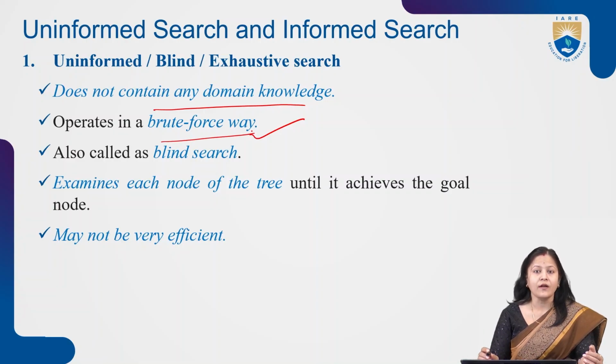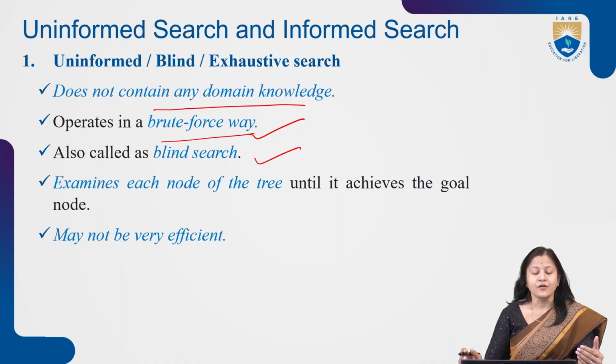It is also called blind search because, blindly, it tries to follow each and every node of the tree to find the goal node. Whatever number of possible ways are available in the search space, all the spaces will be traversed by the search agent. That is why it is called blind search. It examines all the nodes of the tree until it achieves the goal node.